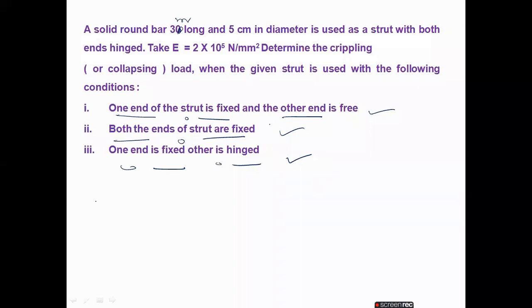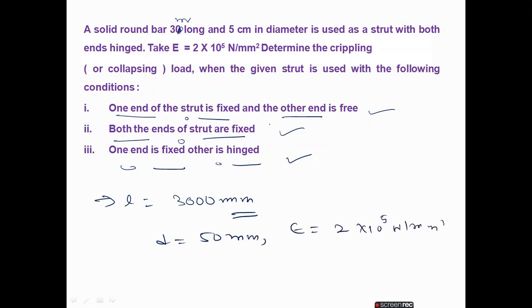The given data is L equal to 3000 mm and d equal to 50 mm, E equal to Young's modulus 2 into 10 to the power of 5 Newton per mm square. And the I value we just calculated, pi d power 4 by 64, we got as 30.68 into 10 to the power of 4 mm power 4.